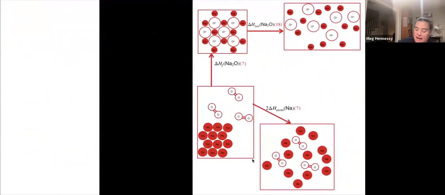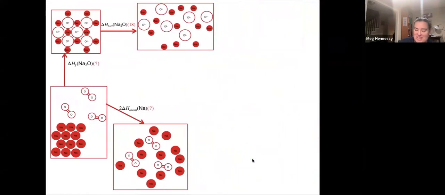And so the enthalpy of atomization is going to be the energy associated with making 1 mole of sodium atoms. Now, you might have noticed that we're talking about sodium oxide, which actually contains 2 moles of sodium. And so you can see I have that coefficient 2 here because I'm actually going to need 2 moles of sodium to do my bidding to get this subscript 2 in line.